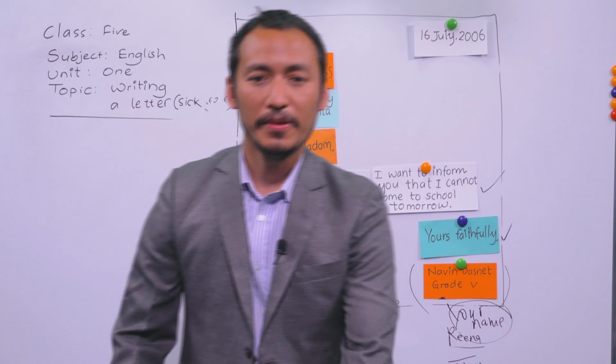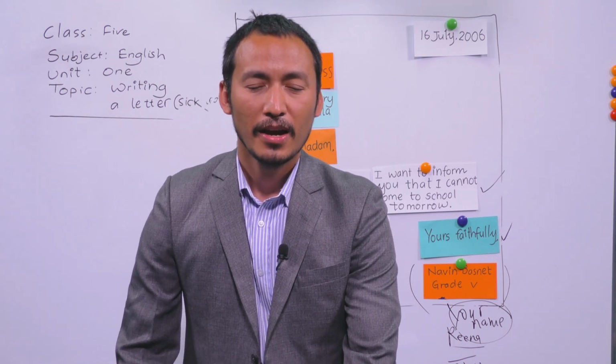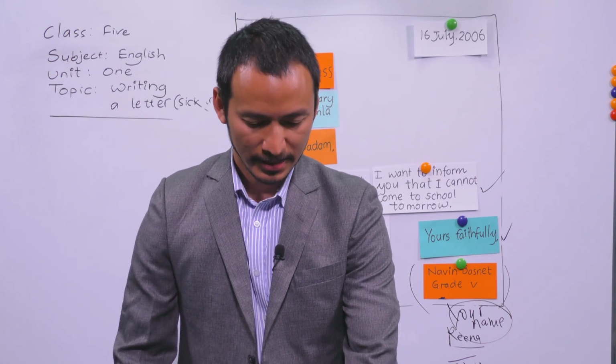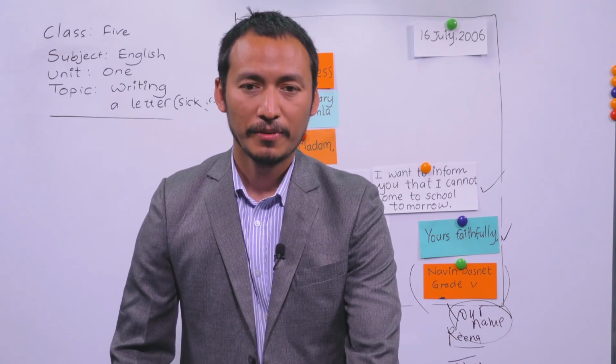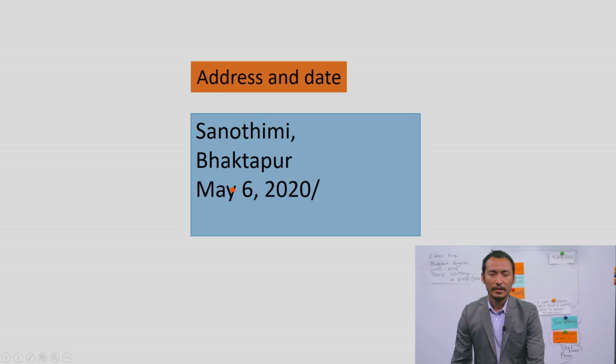I'll help you more with other helping lines. I'll give you some short, clear information about address and date. How can we write the address here? Let's see, Sanotimi, Bhaktapur. This is how you write the smaller one first, and then the bigger city, and then you write the date.